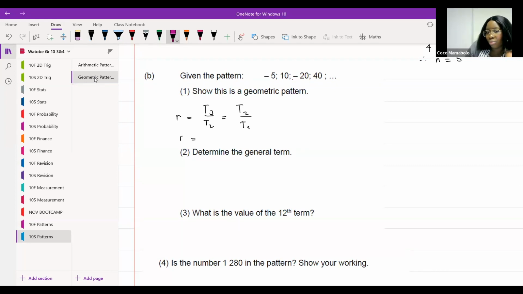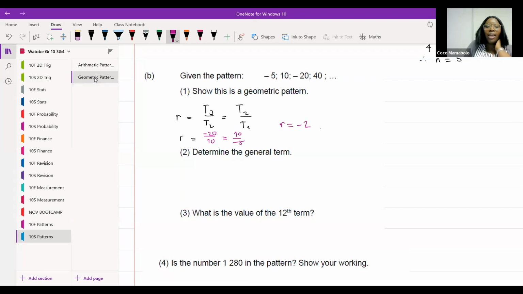Not -2? Oh, are you saying the ratio is going to be -2? Yeah, because like I said, T3 over T2, -20 over 10, which gives me -2. Good. And 10 over -5, both of them are going to give us r is equal to -2.